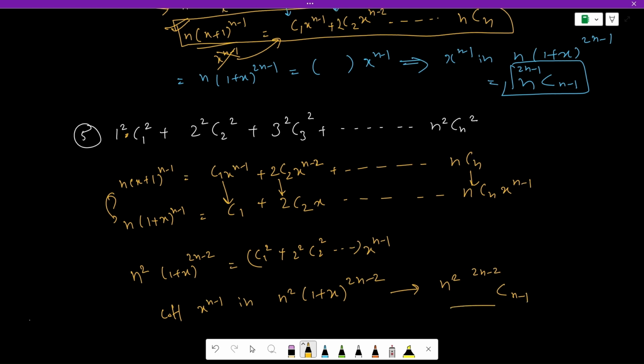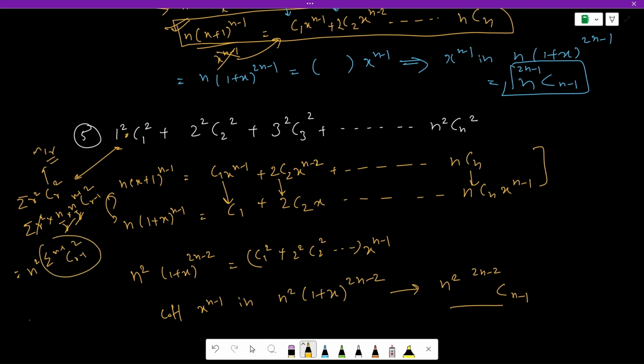Now let's try to find this result without using this method and instead use the type one we tried. Now we can write this as summation r square cr square, and this will be equal to summation r square into, we can take out n by r from both the nCr's, so this will be n by r into n by r and c r minus 1 of n minus 1, squared. Now this cancels out. This will be equal to n square summation of n minus 1 c r minus 1 squared.